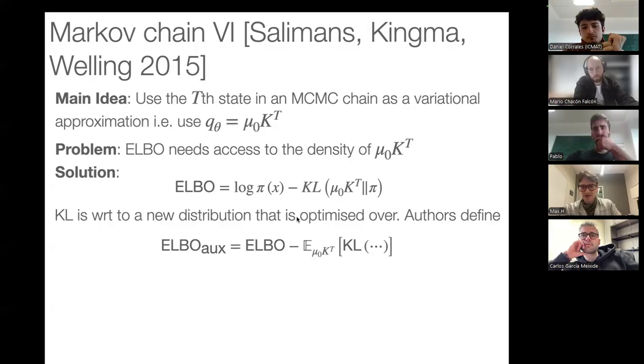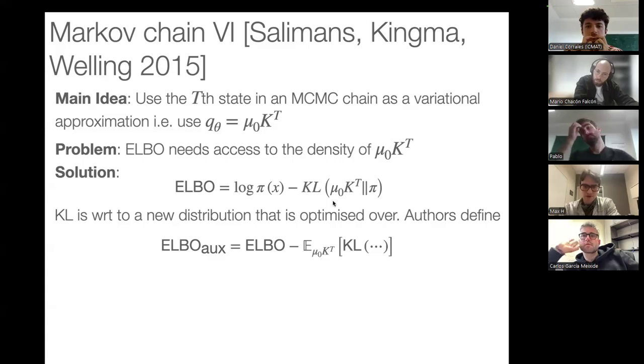Now the authors, in a similar way, define an auxiliary ELBO, which is just the ELBO minus the expectation of a KL. And so in the exact same way that the ELBO lower bounds the log evidence, the auxiliary ELBO lower bounds the ELBO, because it's the ELBO minus an expected KL.